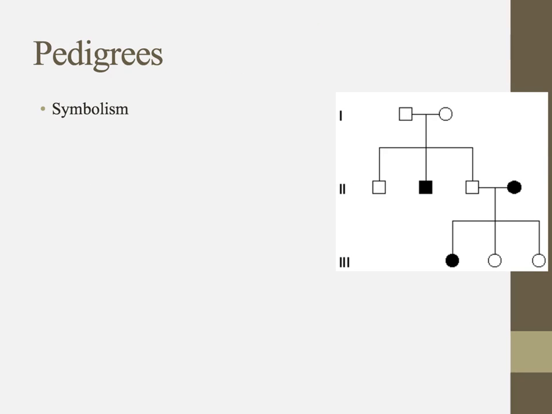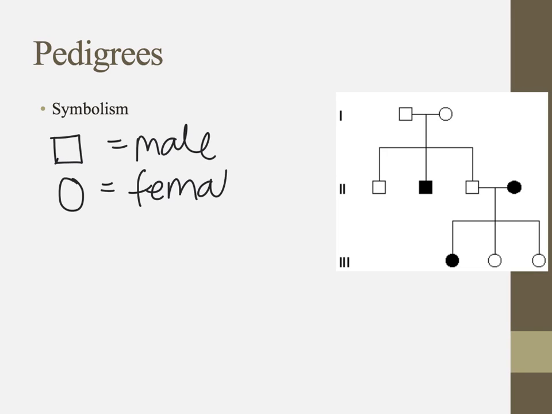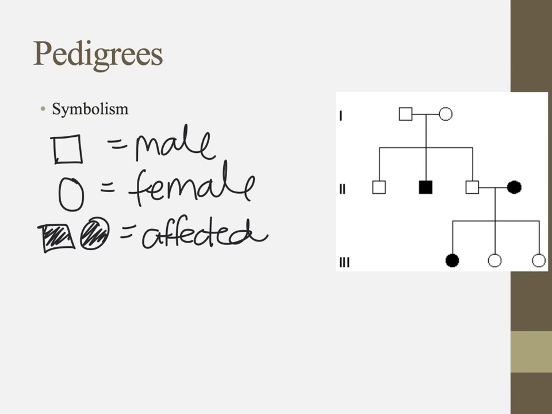All right, so we're going to take our knowledge to the next level by using what we've already learned about genetics to interpret these charts called pedigrees. Pedigrees involve a fair amount of symbolism. A square is a male, and a circle is a female, and anything that's shaded in usually means they are affected by something, whether it's a disease or a certain trait.